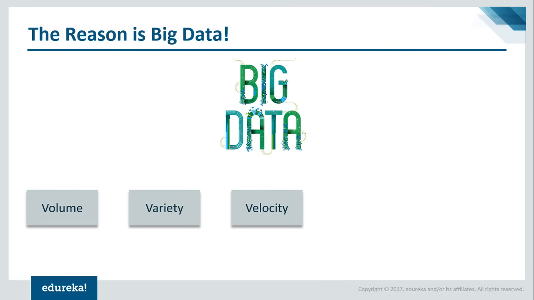Next comes velocity. Velocity is defined as the pace at which different sources generate data every day. This flow of data is massive and continuous. There are 1 billion active users on Facebook every day, and with mobile, there is an increase of 22% year over year.